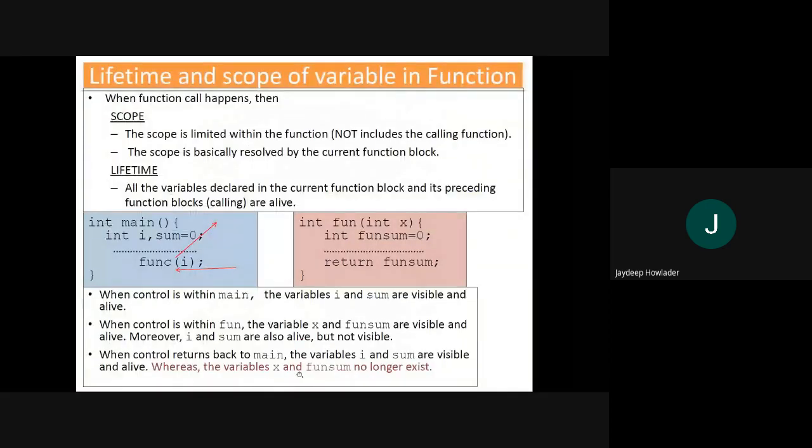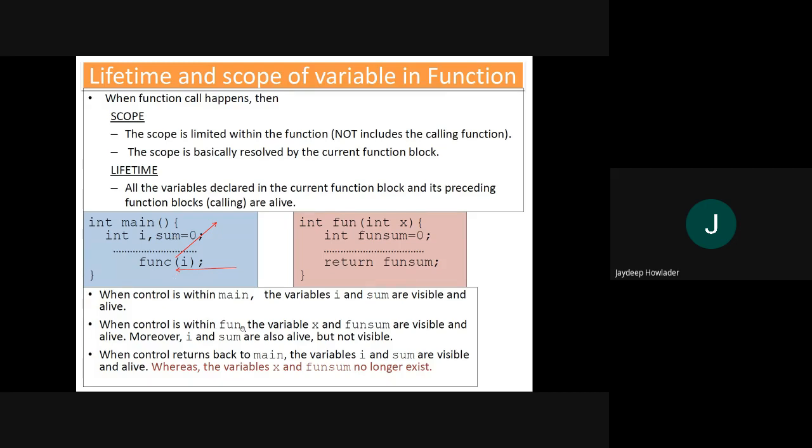So we say that when control is within main, the variables I and sum are visible and alive. They are available to the program and remain in memory.